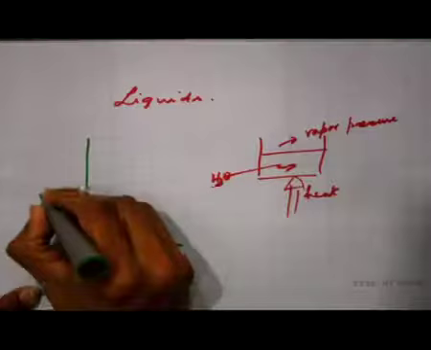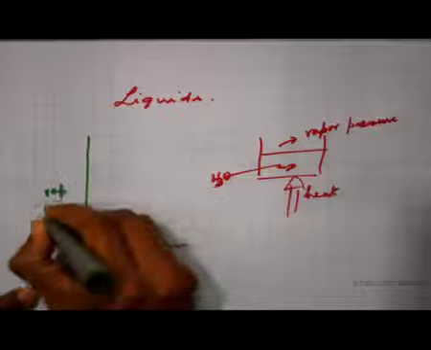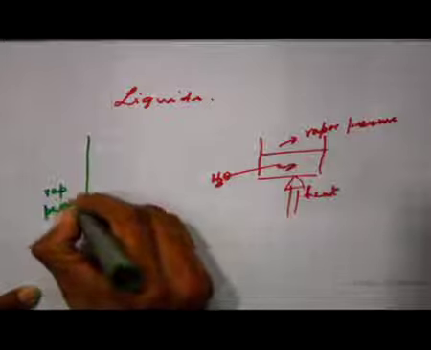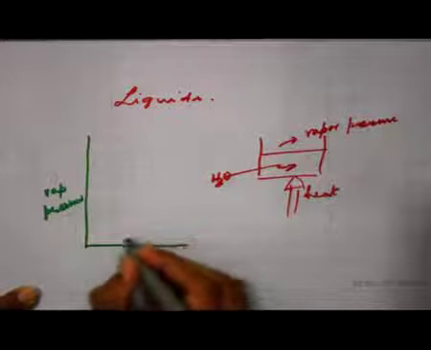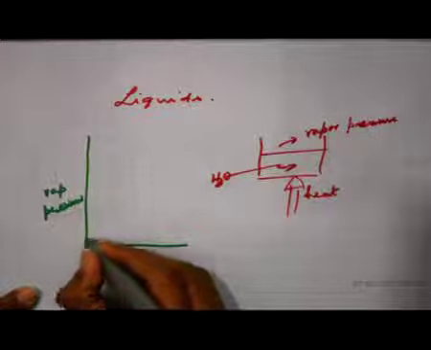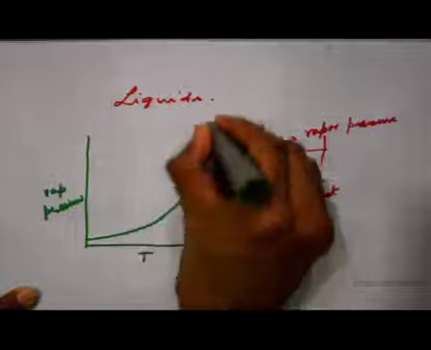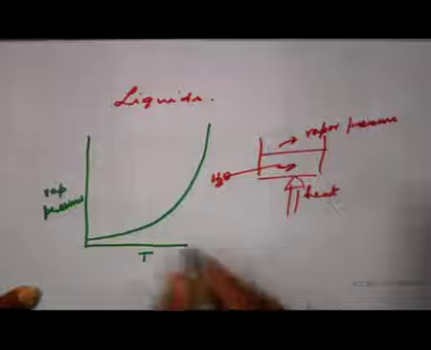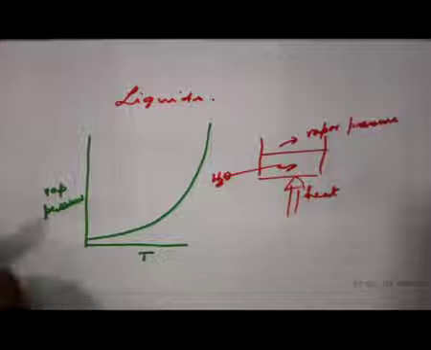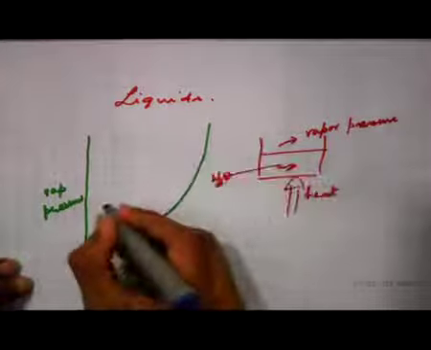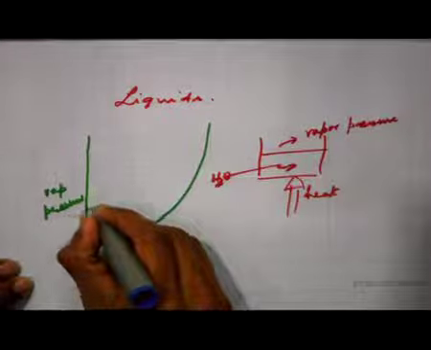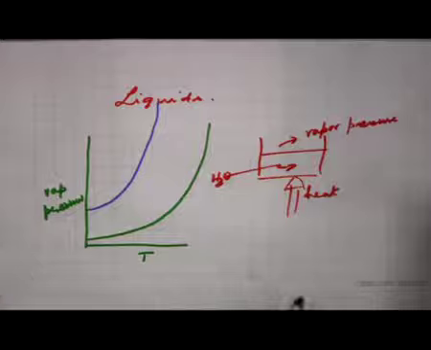So, if I plotted vapor pressure as a function of temperature, it will vary something like this, as an exponential dependence, and it will vary differently for different liquids. So, this might be for water; for something that is more volatile, it might be much more like that.